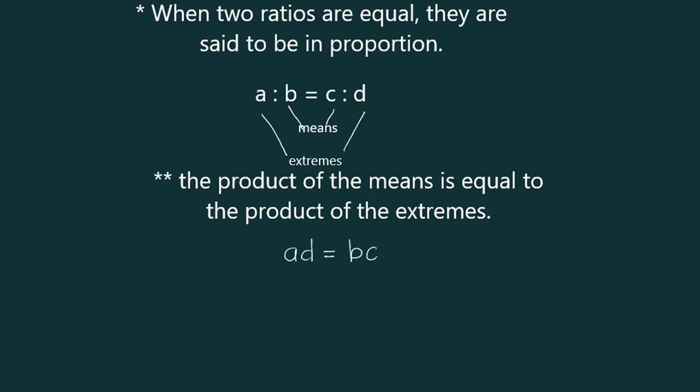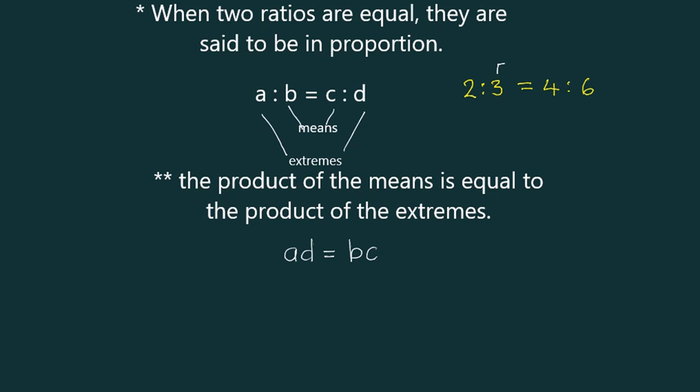So if you have two ratios that are equal to each other, say the ratio 2 to 3, we know that the ratio 2 to 3 is the same ratio as double that, 4 to 6. Now these two ratios are in proportion.